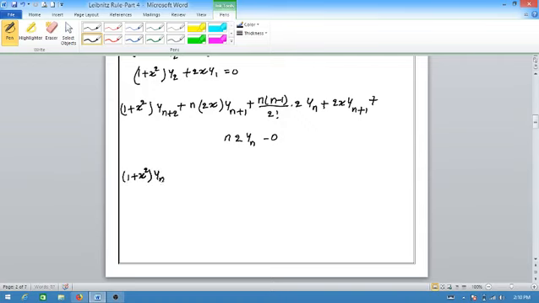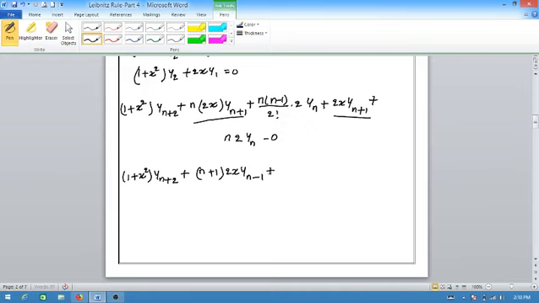So that is (1 plus x square) into y(n plus 2) plus, so take the common terms here. Here this is a y(n plus 1) term and this is a y(n plus 1) term. Here 2x is common, and y(n plus 1) is also common. So in the first term n plus 1 into 2x into y(n plus 1), right?